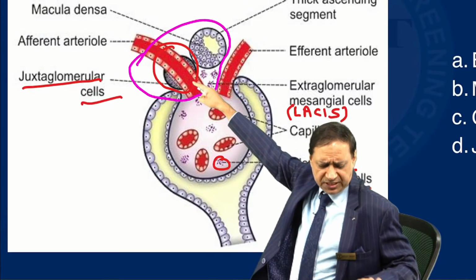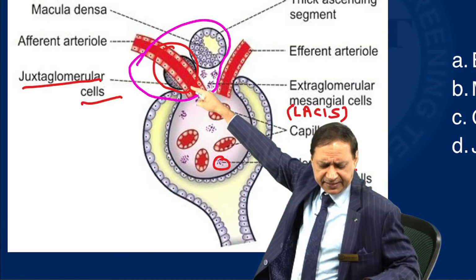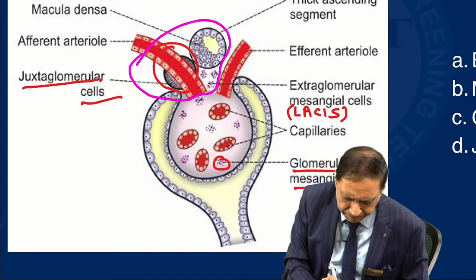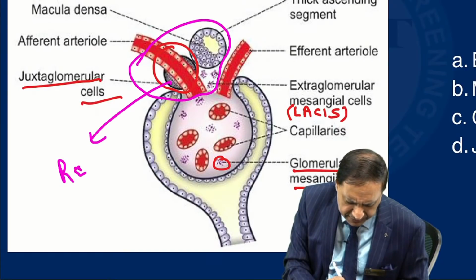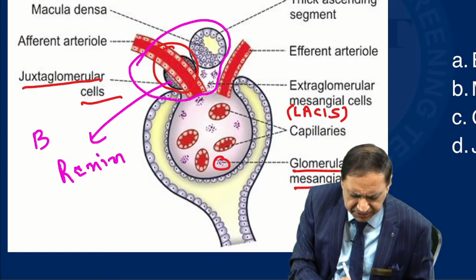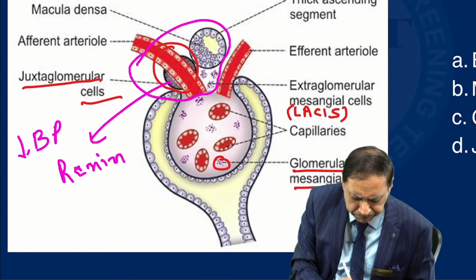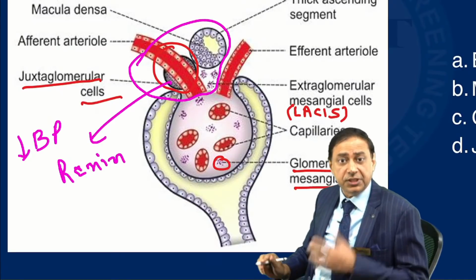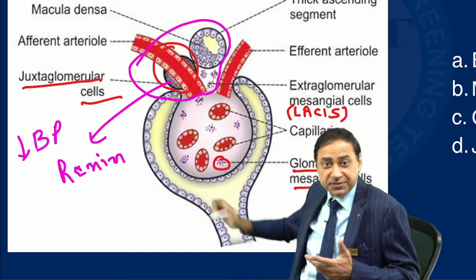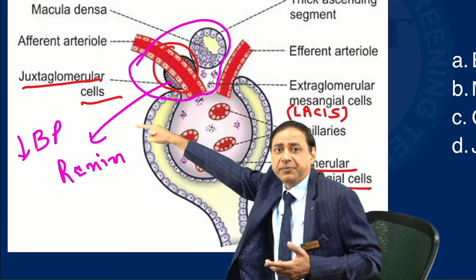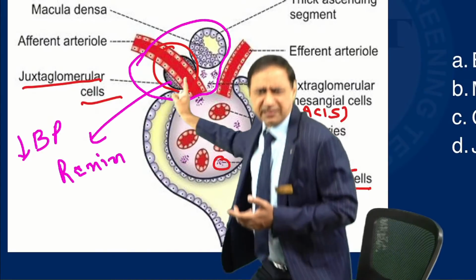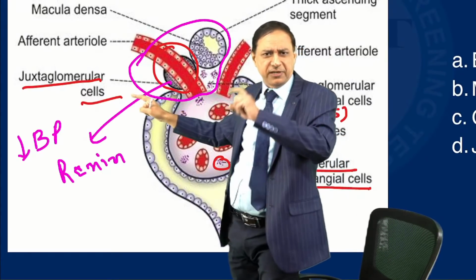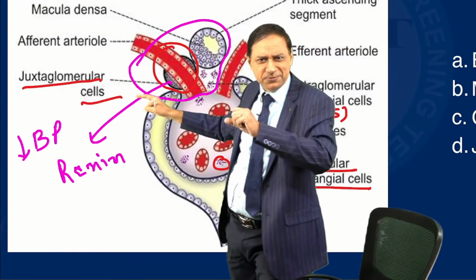Now the question which is asked here is, renin is released from which cell? JG cell. From here renin is released, and renin is released when BP is low. In case of hemorrhage, low BP, renin is released from here. If this JG cell is not available in the choices, then what will you do?